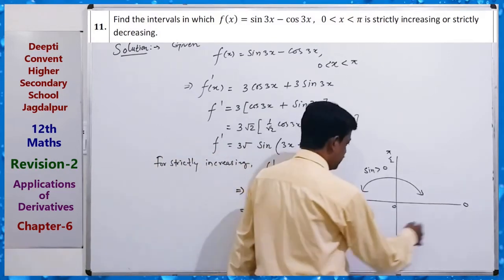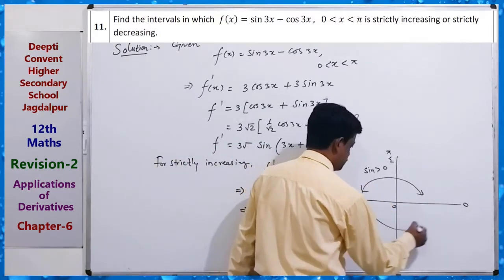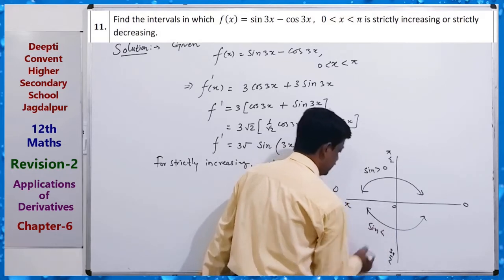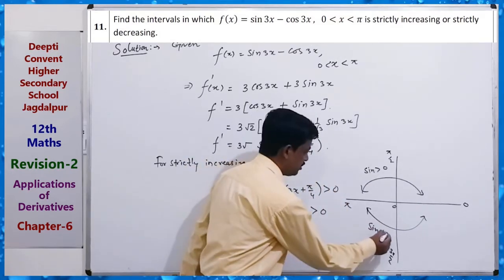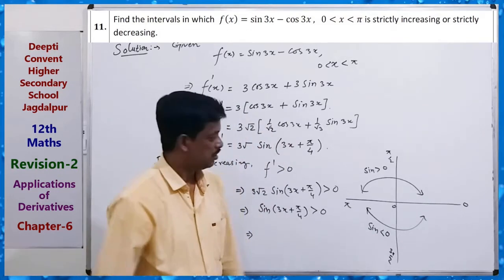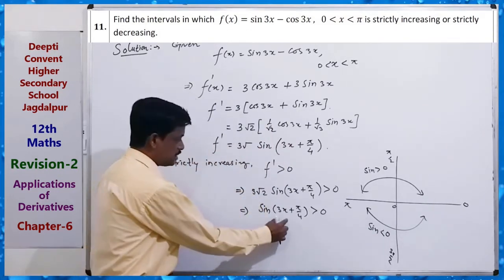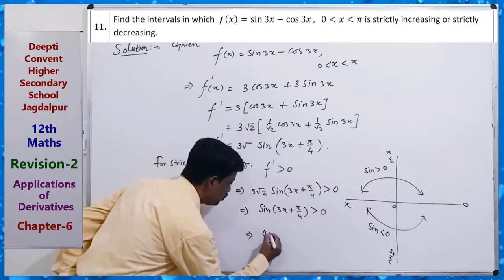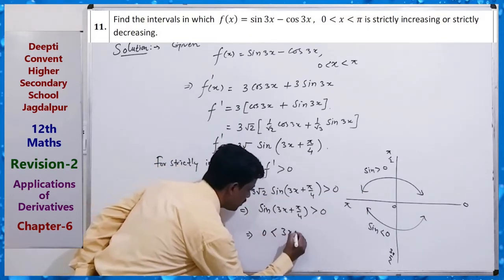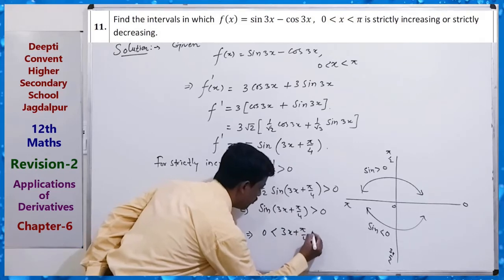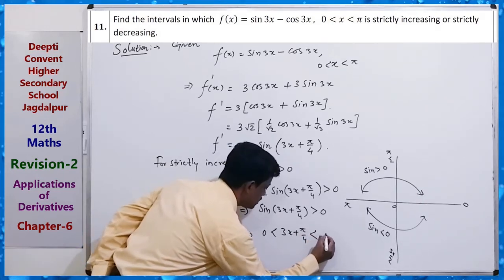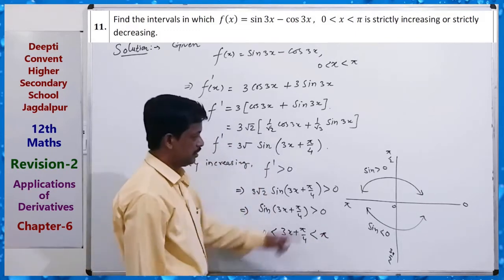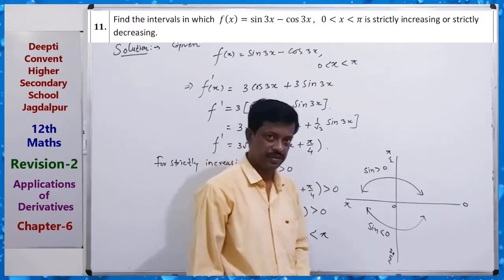And here it is negative. Sine is negative in this place. You know? So sine is positive from 0 to pi. So 0 is less than 3x plus pi by 4, which is less than pi.